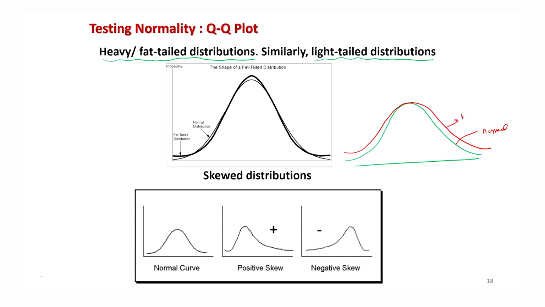Then I would say this is a heavy tail distribution. All other properties are similar to normal, but only the tails are not matching, and they are more than the normal distribution. Similarly, if the tail is less than the normal distribution, like this quicker one, then it is called a light tail distribution. This is how we classify.